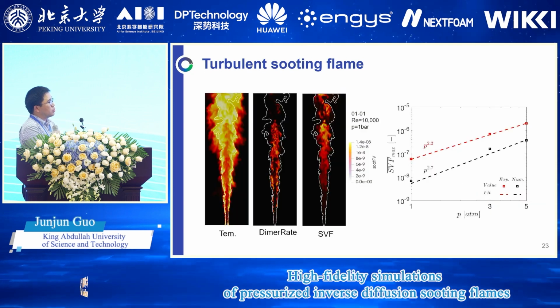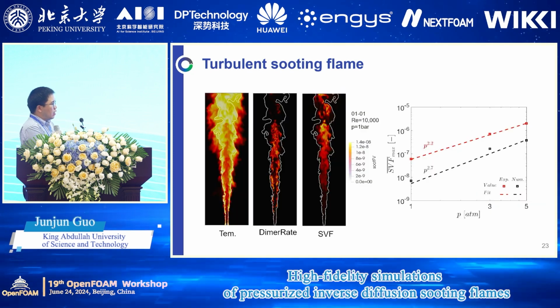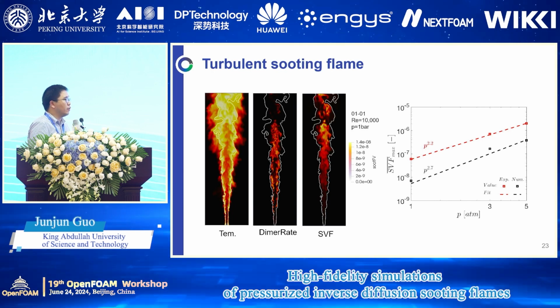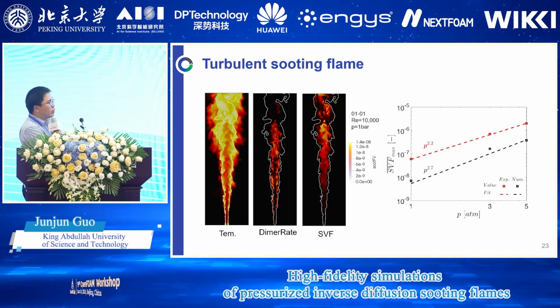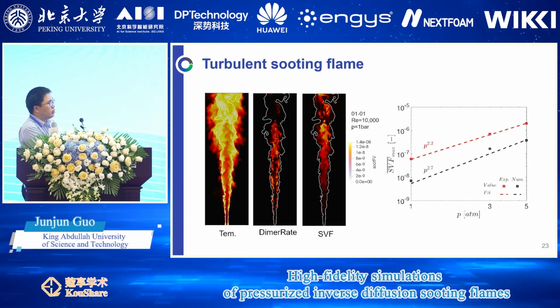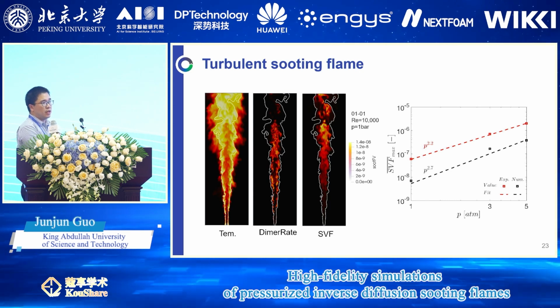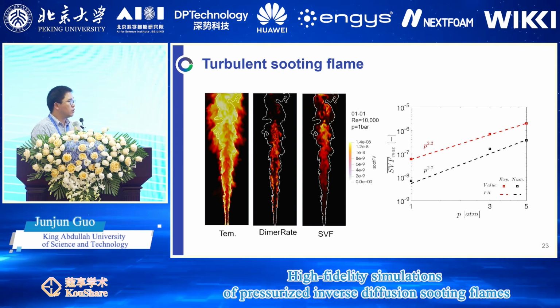Here I put some simple results using the FPV. We got the soot volume fraction and temperature, and for the pressure scaling, we can basically capture it, but we greatly under-predict the soot. So this means there is still much work to do in the turbulent cases.